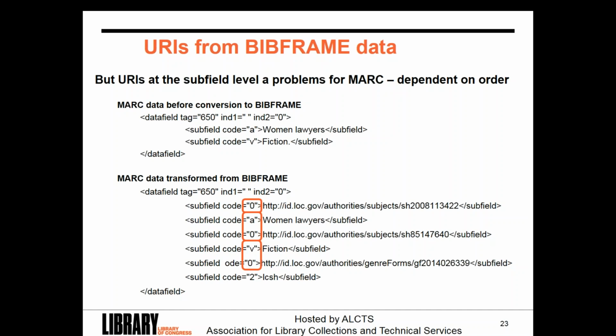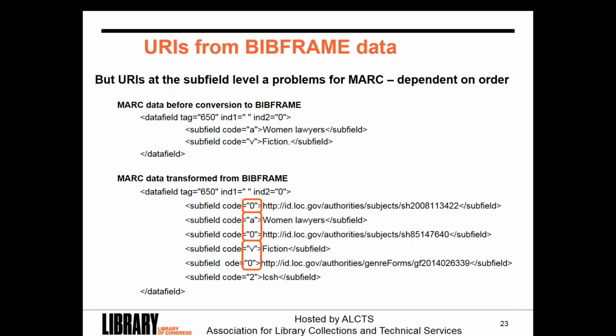So when we transform that data back from BibFrame to MARC, we have the first $0 is in fact the one for the whole subject heading, women lawyers fiction, whereas the next one is the URI only for women lawyers, and the third one is the URI only for fiction.